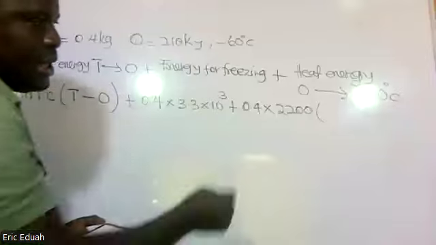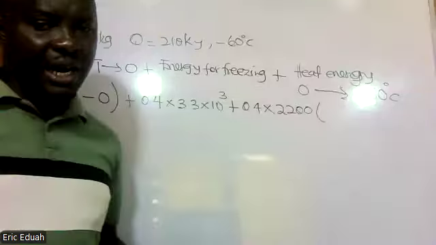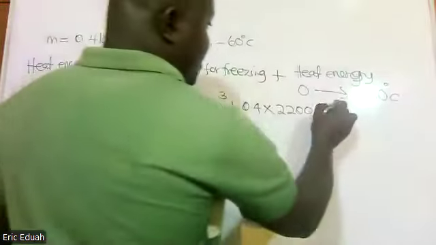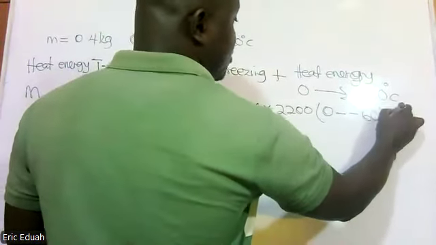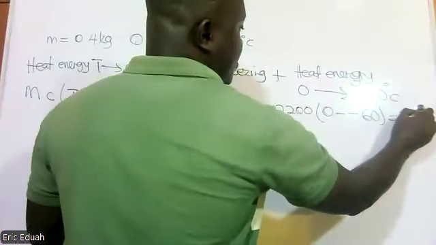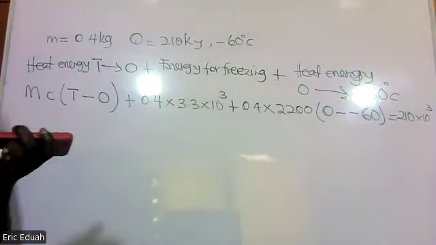But in cooling, the initial is always greater than the final, but the change in temperature is always positive. So 0 minus 60. This we equate to 210 times 10 to the power 3. So this was the problem.